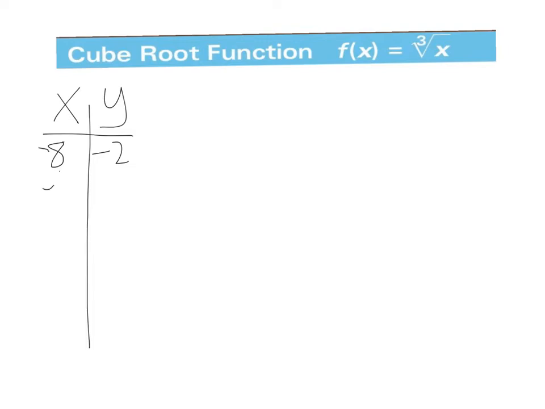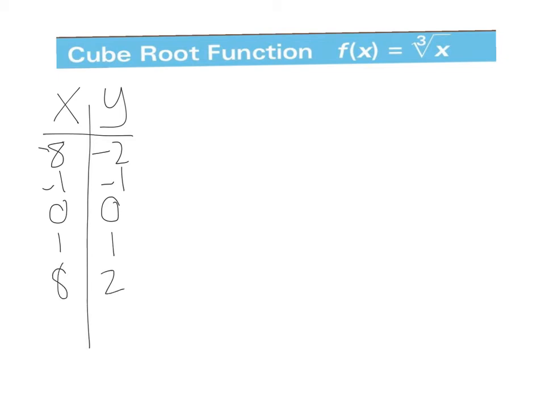The cubed root of negative 1 is negative 1. Cubed root of 0 is 0. And the cubed root of positive 1 is just positive 1. And the cubed root of 8 is 2.